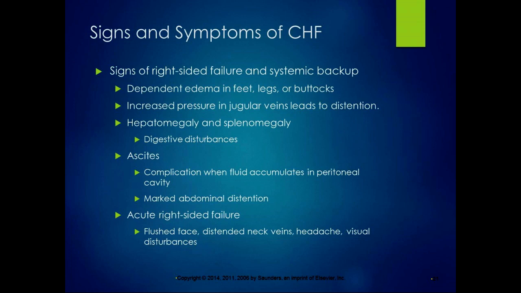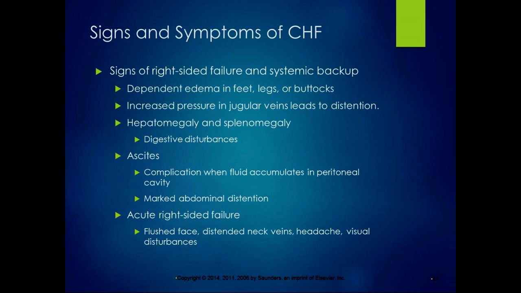You can't really see that, but sometimes that causes digestive disturbances because some of the enzymes that are made in the liver are not there to digest things. Ascites is a complication when fluid accumulates in the peritoneal cavity, and you can see ascites because there's marked abdominal distension. And that person is miserable too.